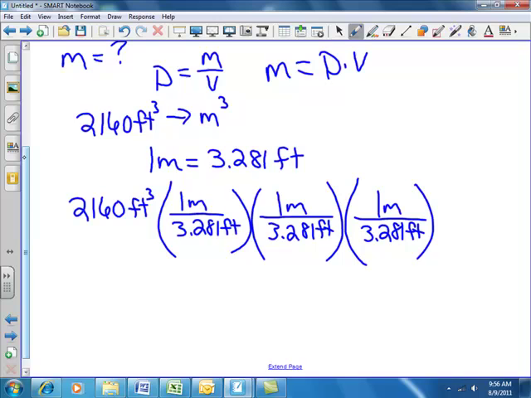All these feet on the bottom cancel the cubic foot, and I'm going to end with units of cubic meters. We just need to do the math, and that gets us 61 meters cubed.